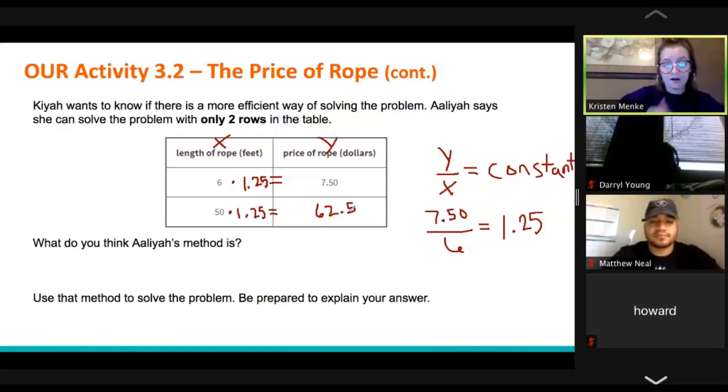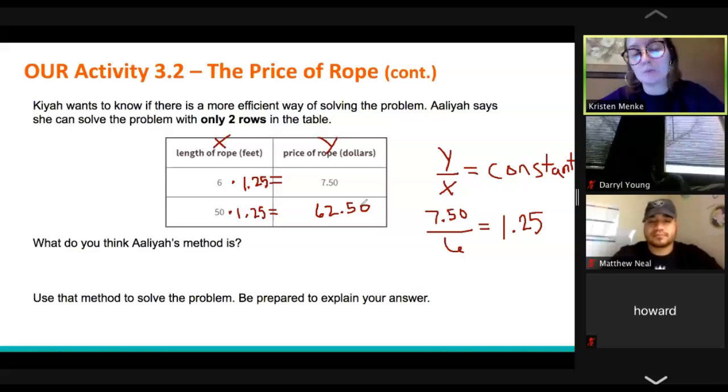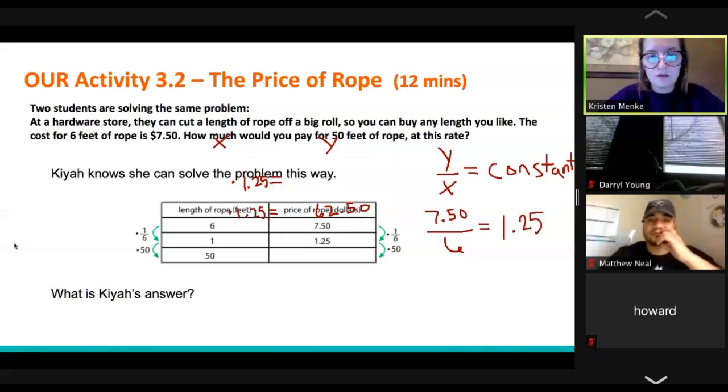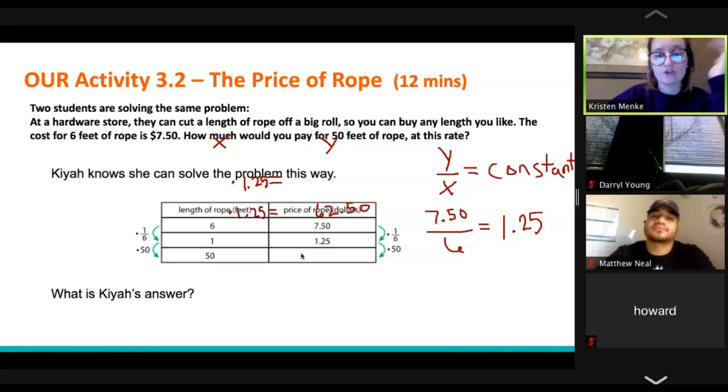So if we look here, we did this in 2 rows. In the previous slide, Kaya did it in 3 rows to get to $62.50 because she used her table to get her unit rate. But we know that a unit rate is the same thing as our constant. We find them in the exact same way.